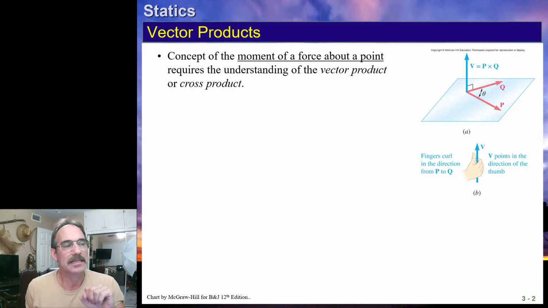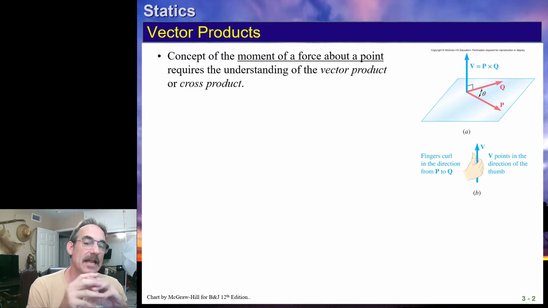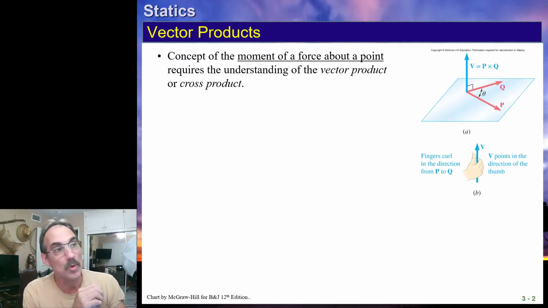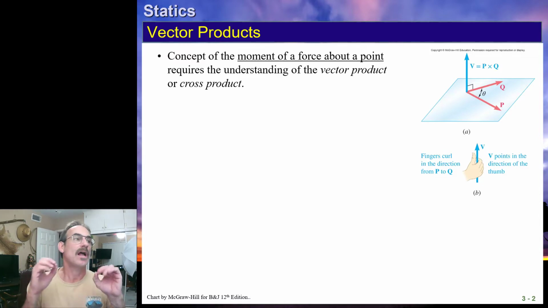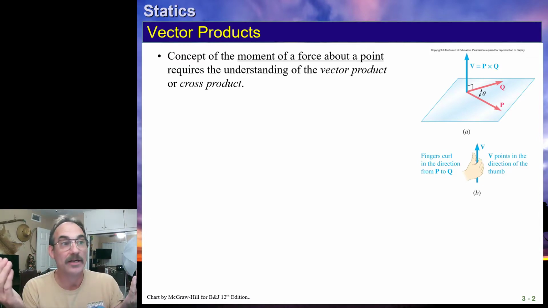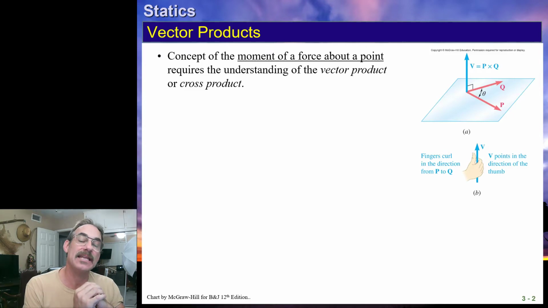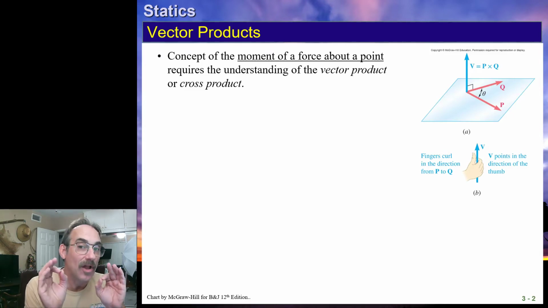So first, let's review some basic principles of vectors that we've probably seen before in physics and other courses. When we look at a moment, we're going to be ending up taking a cross product. A cross product is called a vector product or a cross product, and it has the idea of a mathematical operation that we apply to two vectors.